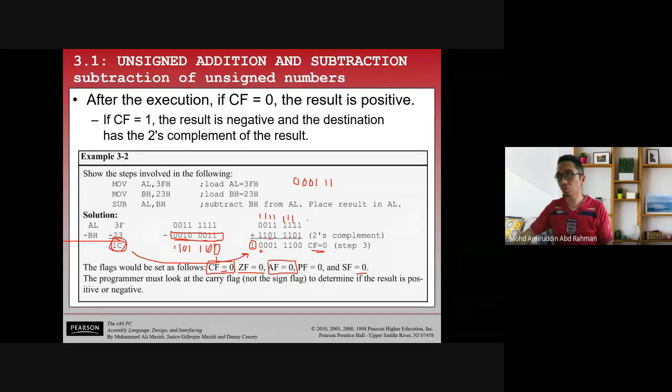So this is 2 to the 0, 2 to the 1, and then 2 to the 2, and then 2 to the 3.